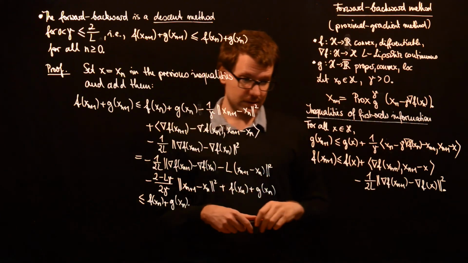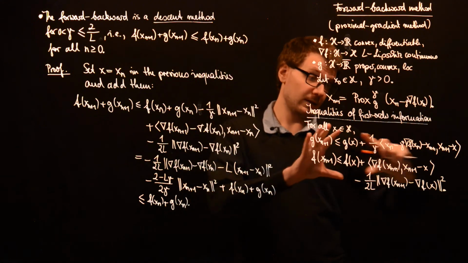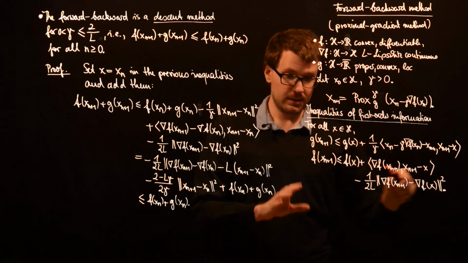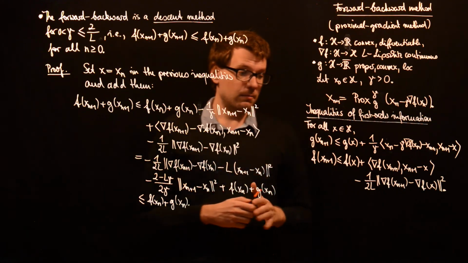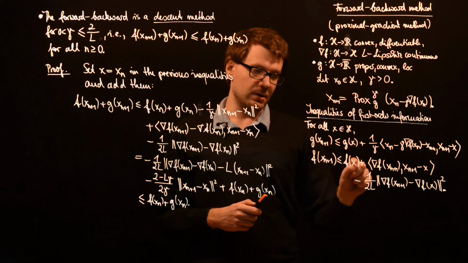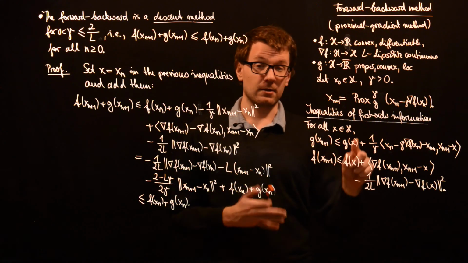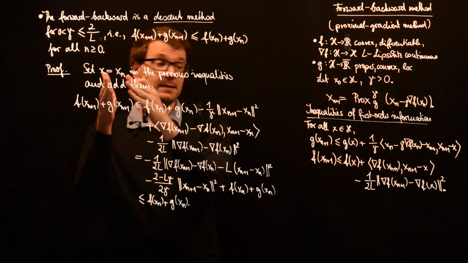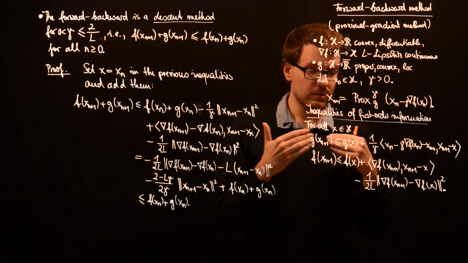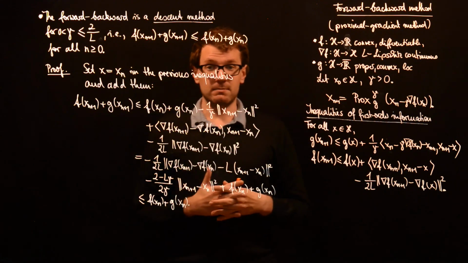And the key to this will be to exploit these inequalities here analogously to the analysis of the subgradient method by inserting some solution, some minimizer, here instead of x. So instead of substituting x with xn, we want to substitute x with some minimizer of f plus g.